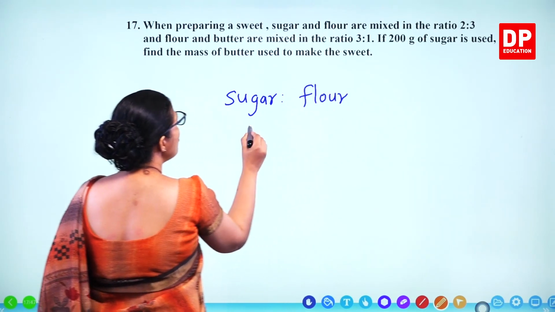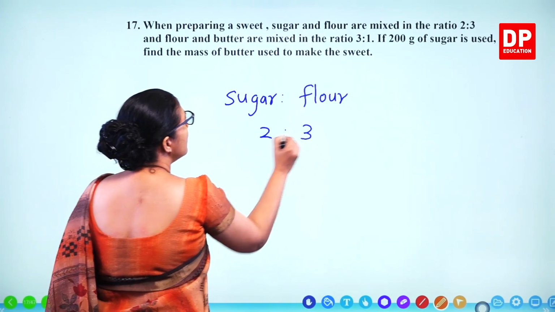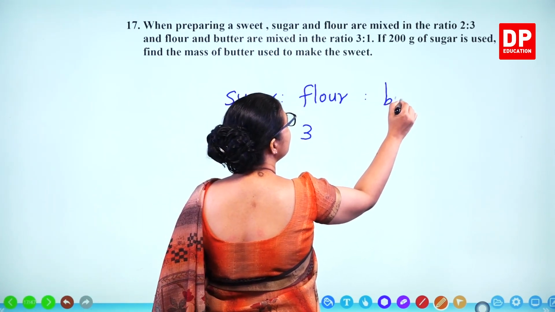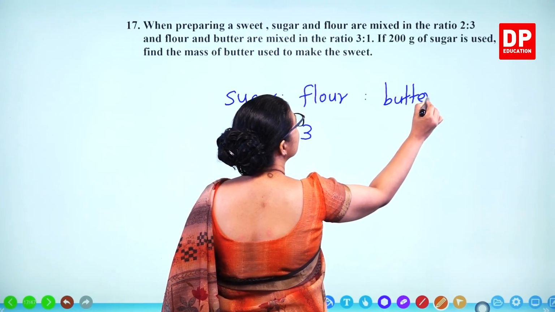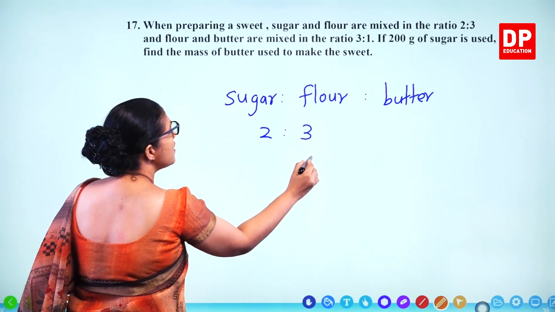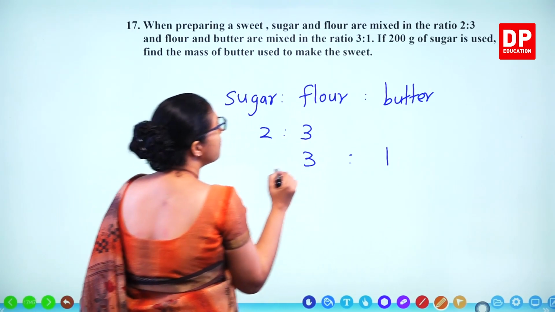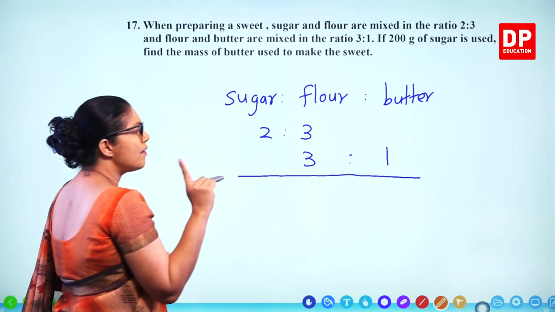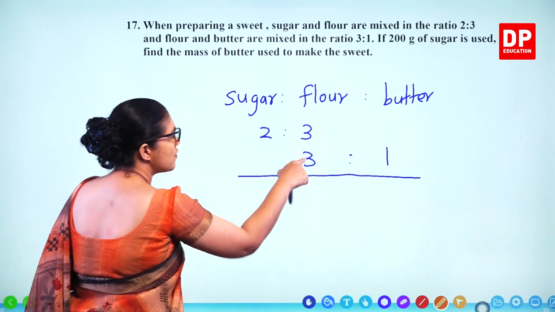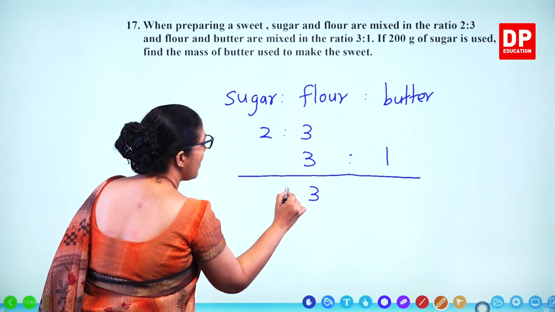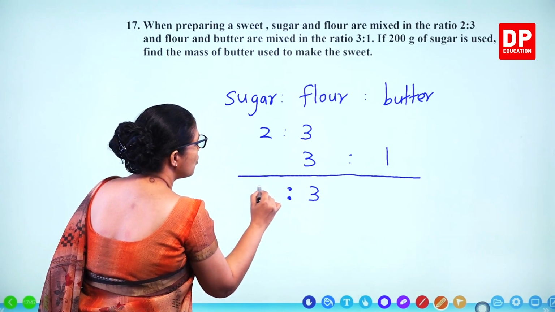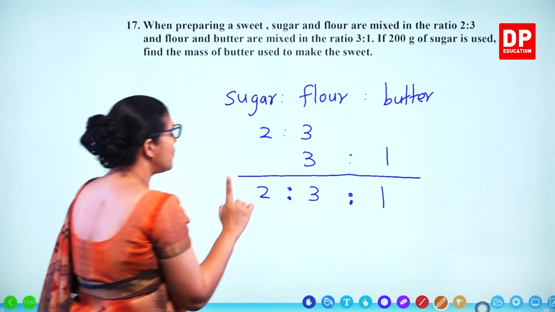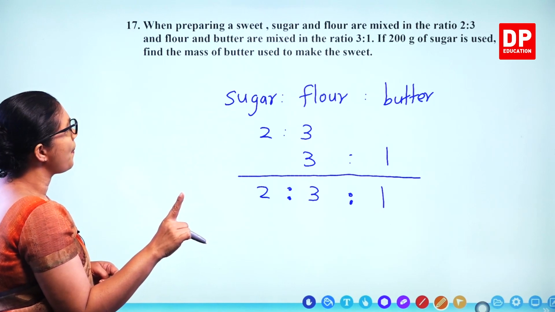What's the ratio? 2 to 3. Flour to butter, ratio is 3 to 1. And we can find out the common ratio. So 3 is common and you can write this is the same thing, 2 here, this is 1. So what's the common ratio? 2 is to 3 is to 1.